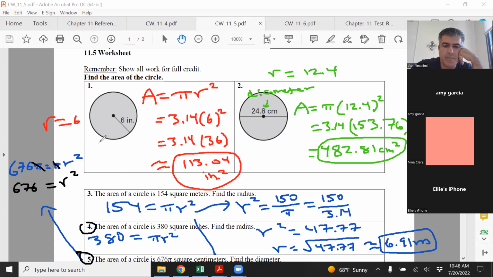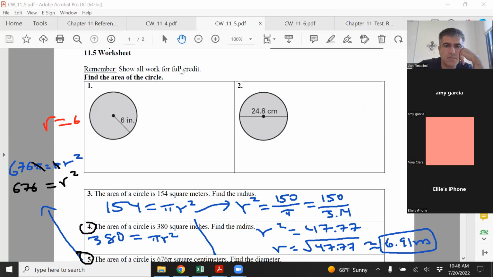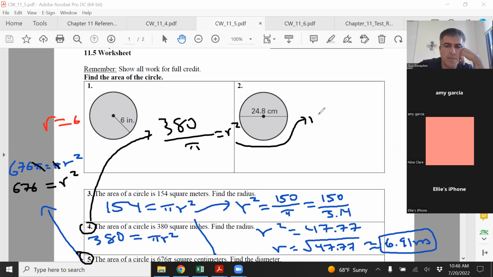Okay, for number 4. You have 380 over pi. So r squared will equal whatever that is, 120.96.